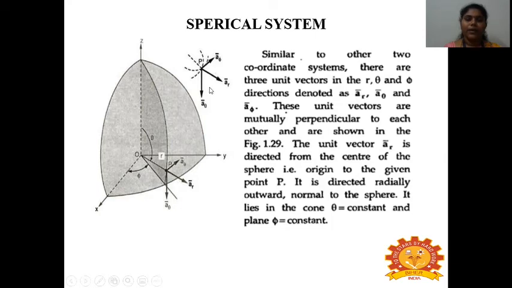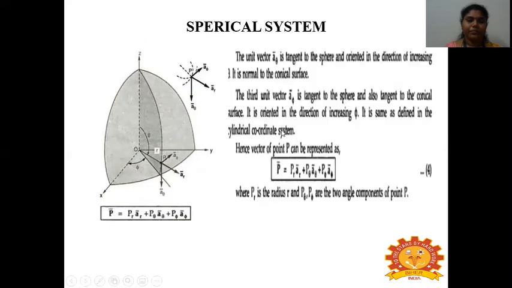The unit vector a r is directed radially outwards from the center of the sphere, that is the origin, through the point P. It is normal to the sphere, and it lies in the cone and the plane, that is theta equal to constant and phi equal to constant.